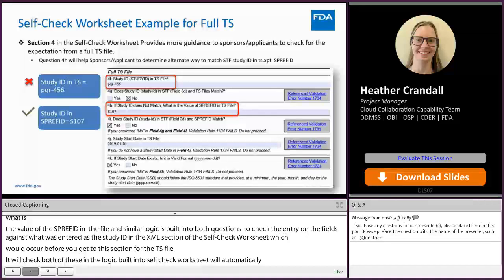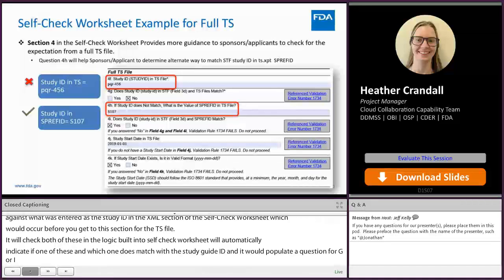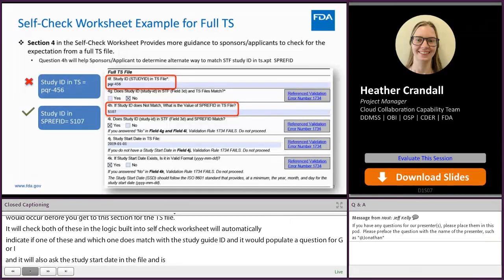The self-check worksheet does not automatically check the study start date to be in valid format. Question 4K is just a reminder to the applicant of putting the study start date in the valid format.